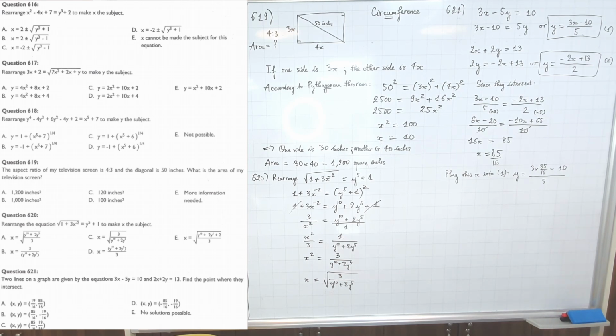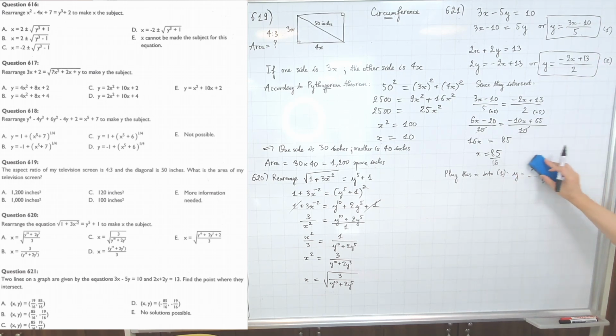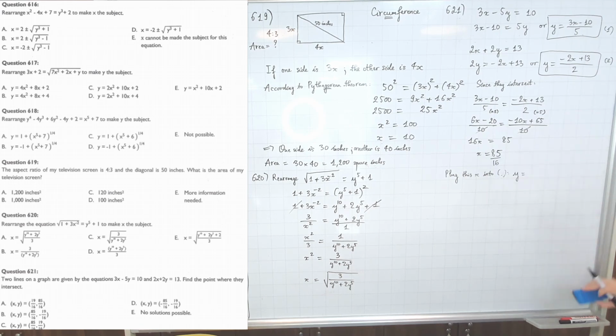Now, maybe it's better to plug into 2, I think. Because you see, 2 and 16 will eliminate. It's better to plug into number 2, actually.